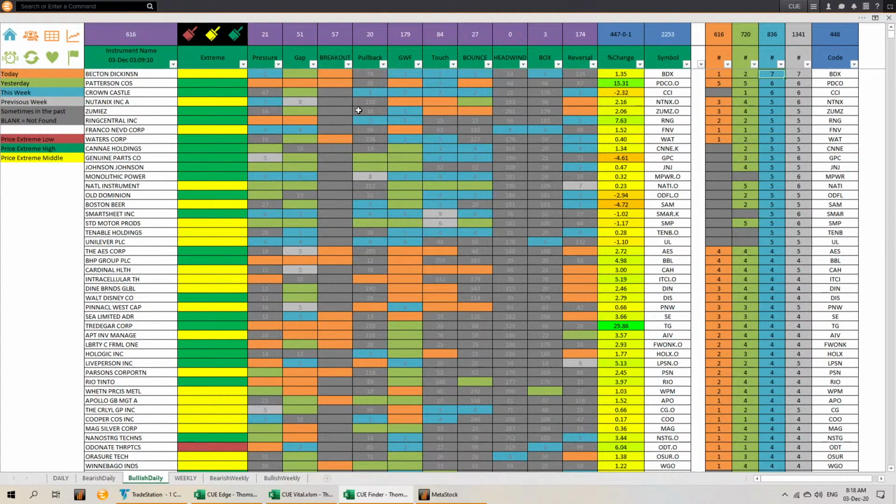This 7 number is showing that for this stock BDX, which is Becton Dickinson, it has a breakout signal today, orange color. Green color is yesterday's signal, it had a gap up yesterday, and the blue is this week beyond yesterday.